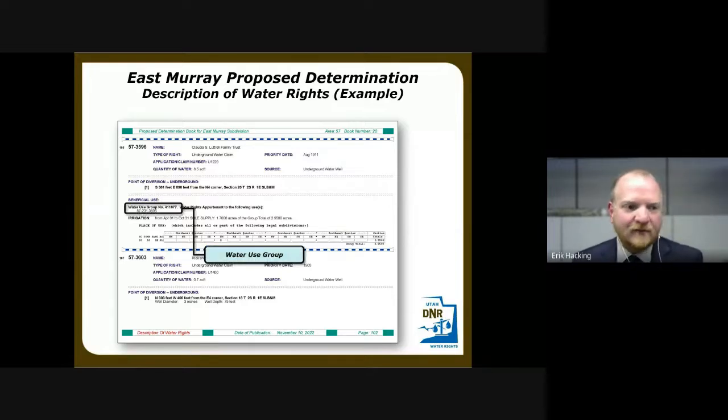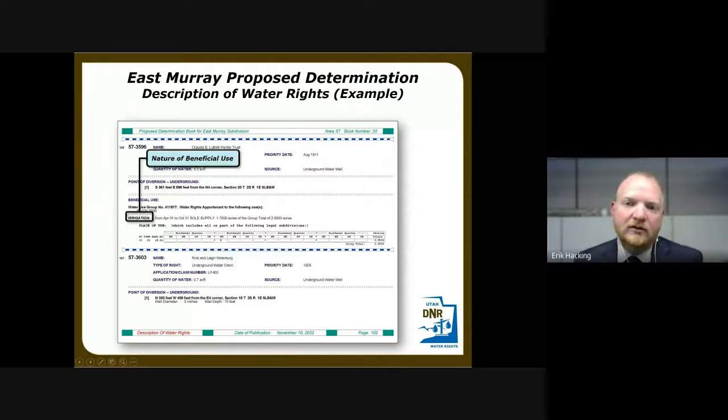Water use groups are kind of complicated, but basically multiple rights can be used for the same purpose. In that case, we place them in water use groups together. So in this case, we have 57-231 and 3596 together to form water use group number 411677.